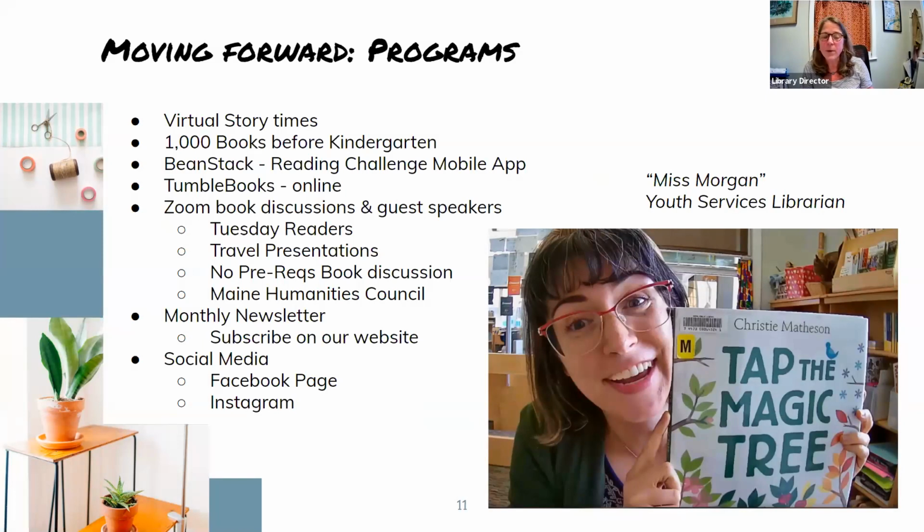It's a national program encouraging parents, of course, to read to their children before kindergarten. And in order for parents to keep track of that, we're going to be starting a reading challenge mobile app called Beanstack. So people can get that on their phones and keep track of what they've been reading. And from my understanding, I haven't seen it in action, but it's not just for children, adults can use it as well.